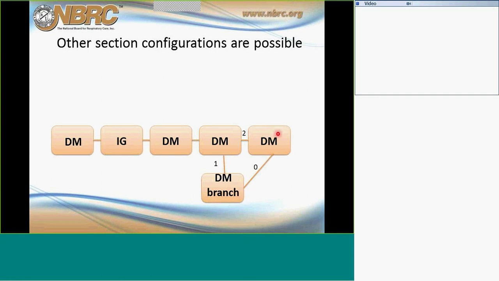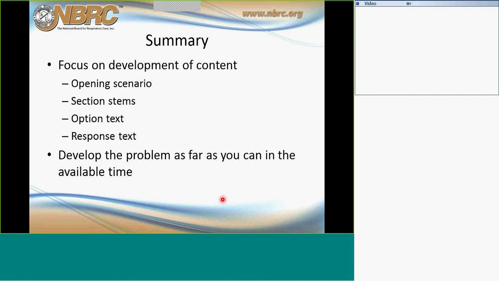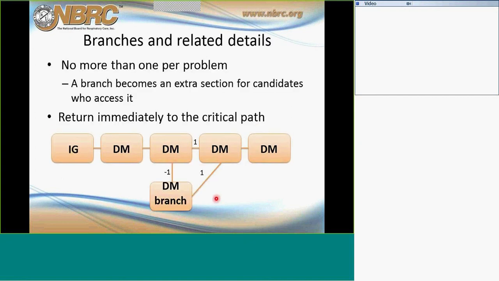The policy here with branches, and that's true of both the one we saw before and the one we saw just a second ago, is whoever goes through the critical path needs to wind up with 1 point more than the folks who go through the branch, regardless of the kind of branch.